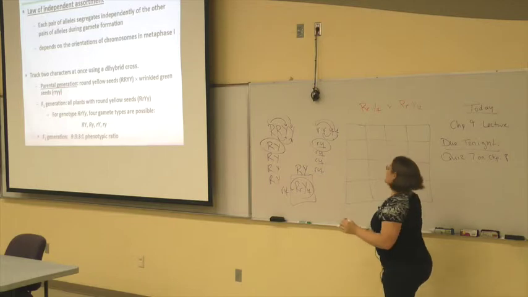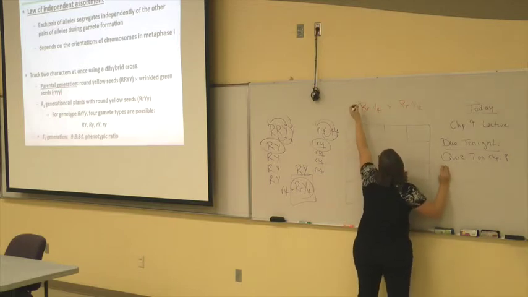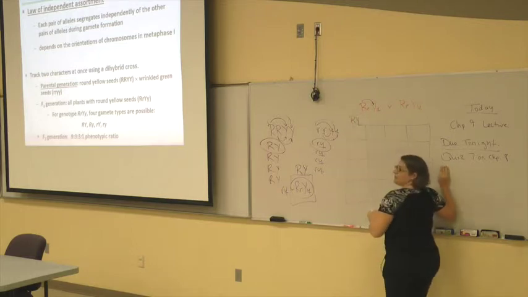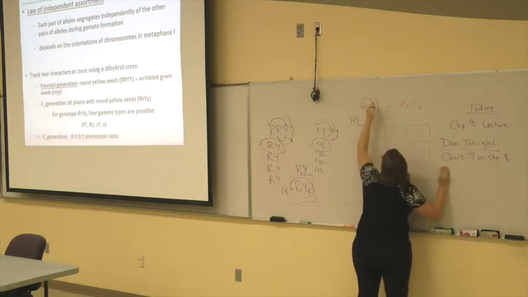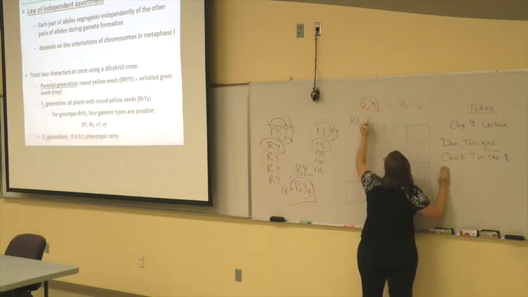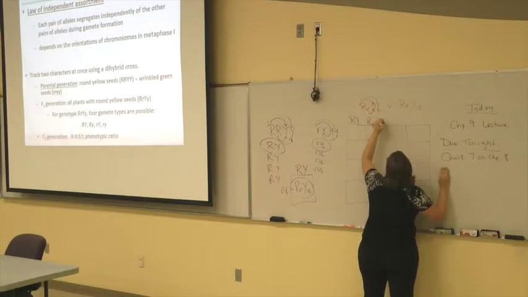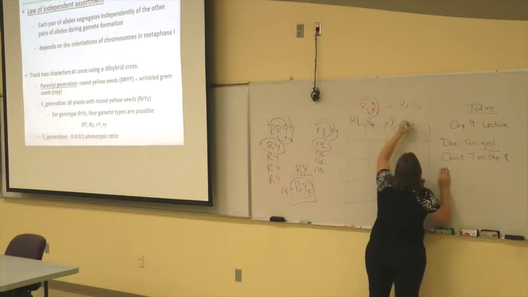All right. So let's start off with this parent. We're going to go big R to big Y, and we'll put that one right here. Then we can go big R to little y. Then we'll go little r to big Y. And then little r to little y.